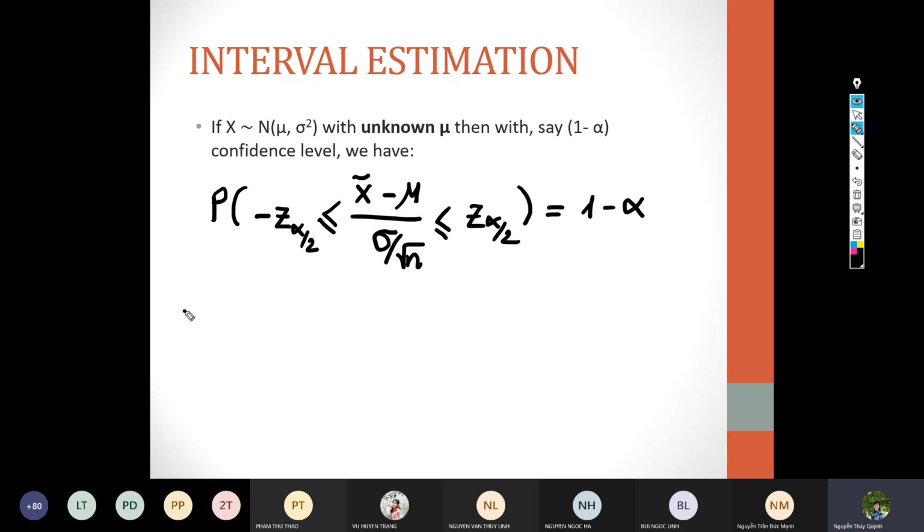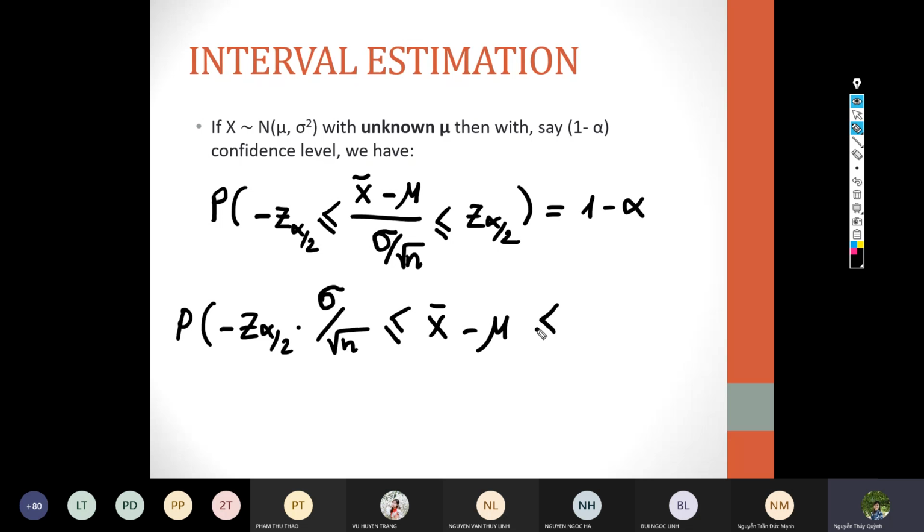We have the probability that minus z alpha divided by 2 multiplied by sigma divided by square root of n is smaller or equal to x bar minus mu, and less than z alpha divided by 2 multiplied by sigma divided by square root of n.